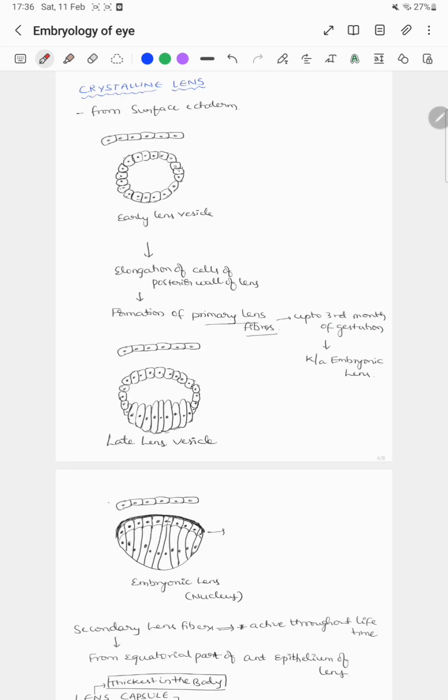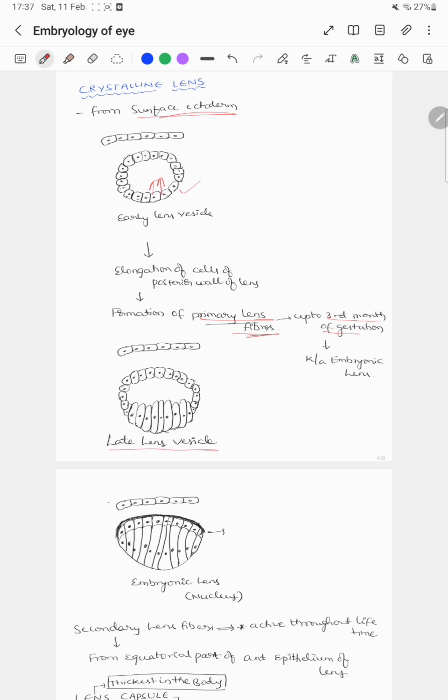Crystalline lens. This is formed from surface ectoderm. Already we have seen how the lens placode is formed and then results in formation of the lens vesicle. Here is the early lens vesicle, and there is an elongation of the posterior layer of epithelial cells which results in formation of primary lens fibers, and this process takes place up to the third month of gestation, also known as the embryonic lens.